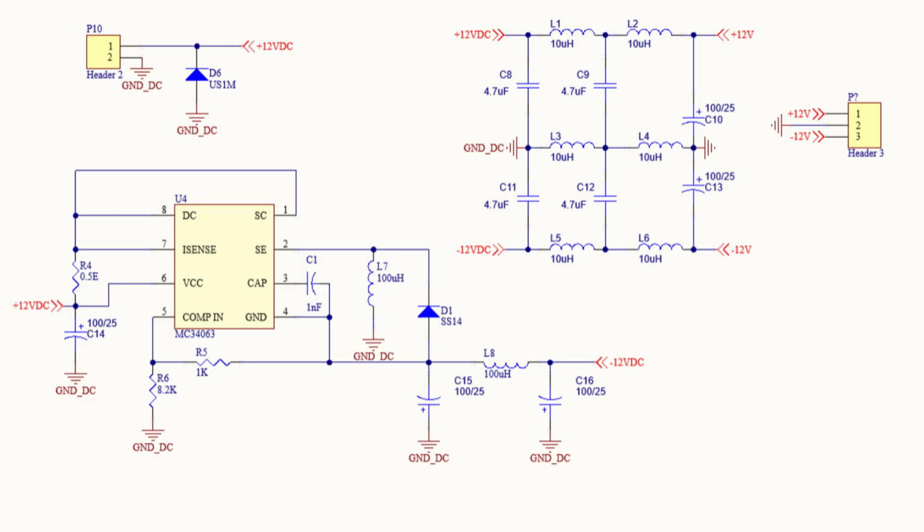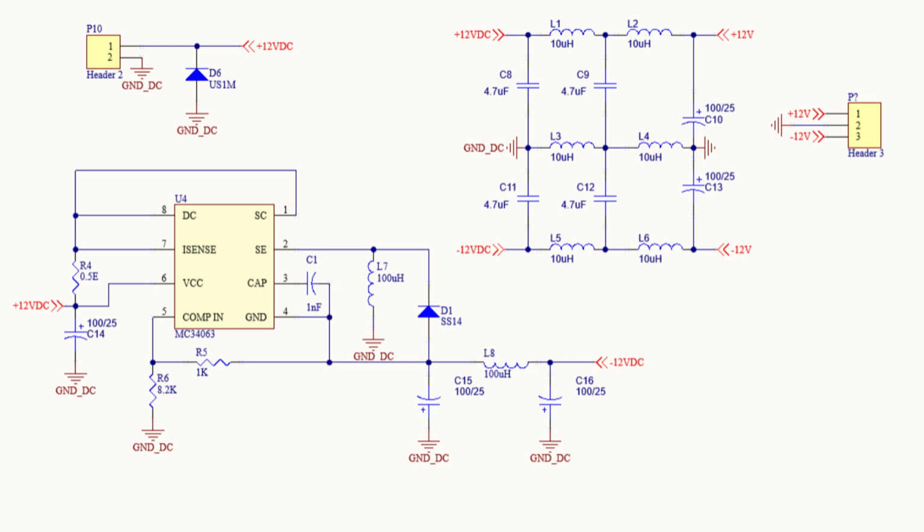Let us briefly review the circuit before moving into the PCB design. The design is based on the MC34063 switching regulator integrated circuit, configured as an inverting DC-DC converter. A 12-volt DC input supply is applied at the left side of the schematic. The MC34063, together with the external inductor, diode, timing capacitor, and feedback network, generates the required negative output voltage.